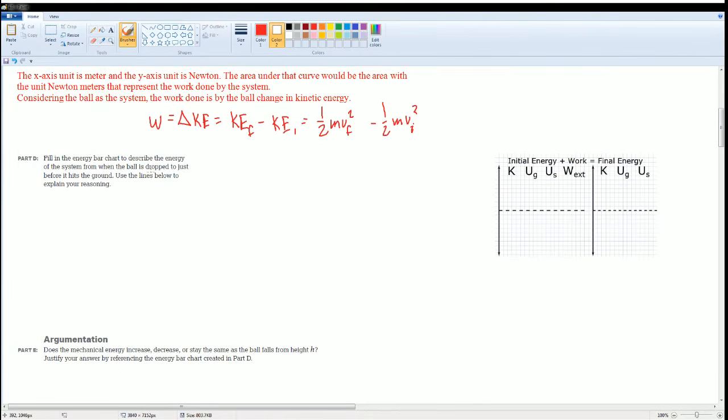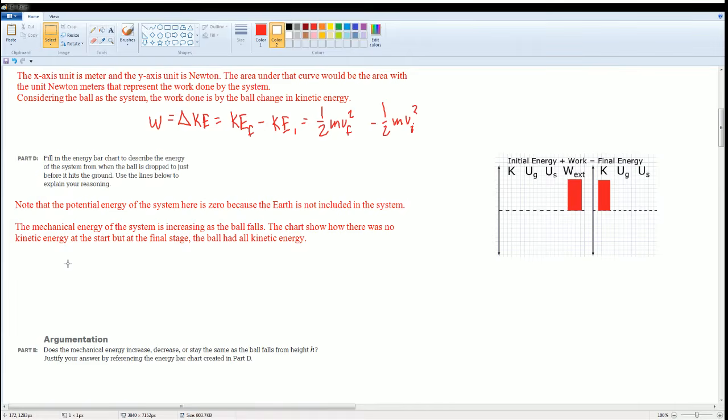You're going to fill in this chart to describe the energy of the system as the ball is being dropped. It's going to start up here with the work done on the system by gravity. And then it's all going to get converted down to kinetic energy. Make sure it's the same length.